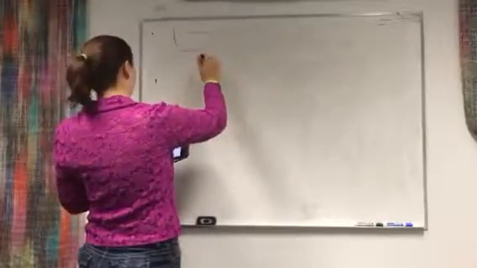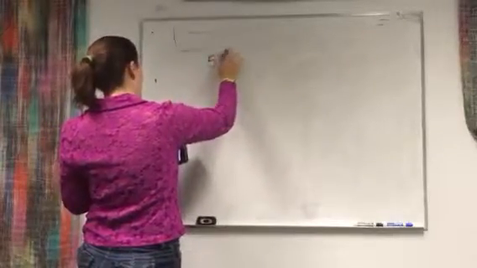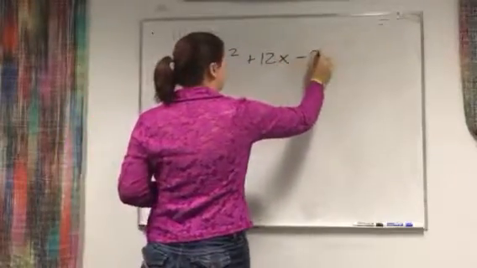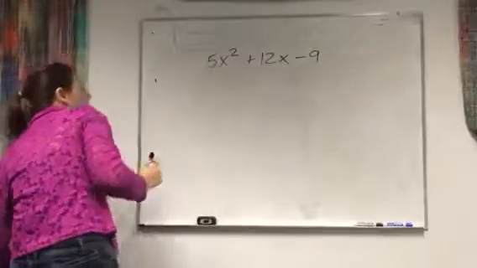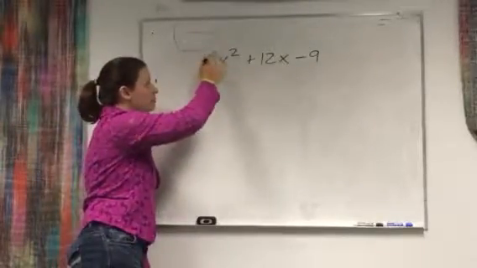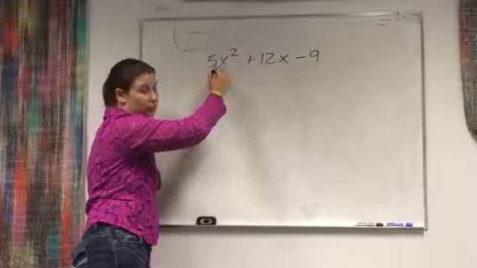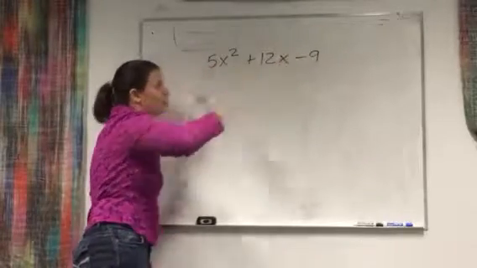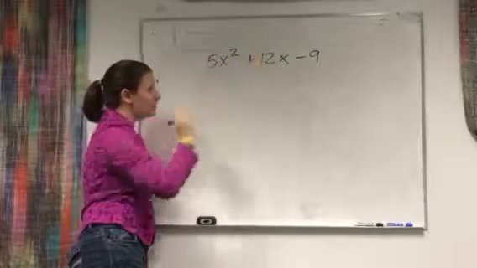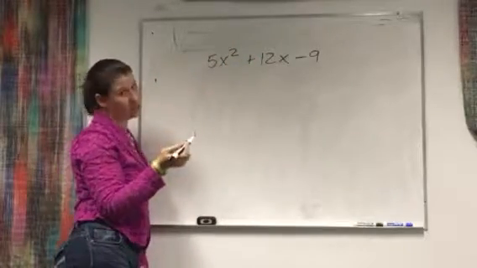Okay, so if we have 5x squared plus 12x minus 9, the AC method says that we take the number from the first term and the number from the last term and multiply them, okay? So 5 and negative 9, you do keep the sign.